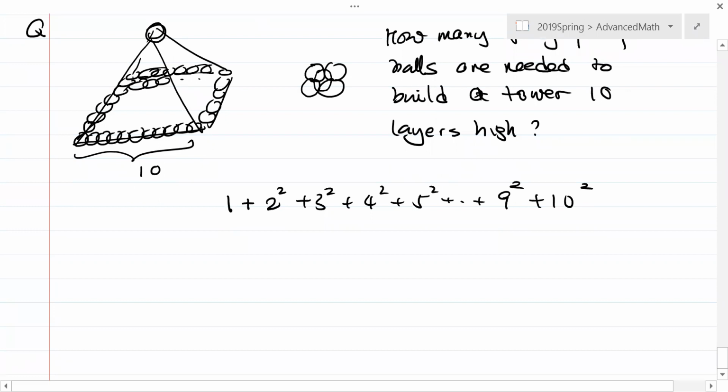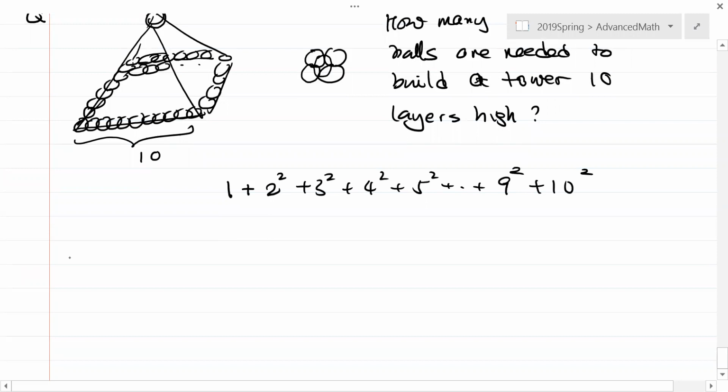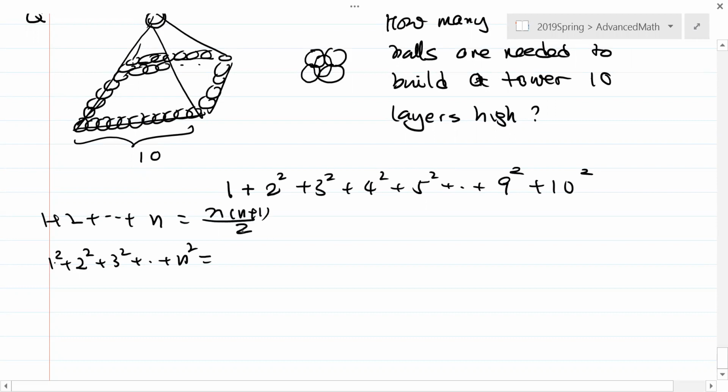If you remember this formula, then it's easy to solve, because 1 squared plus 2 squared plus 3 squared all the way to n squared is going to be, first of all, you have this formula. Everybody knows that. It's going to be n times n plus 1 divided by 2. But the second formula will be n times n plus 1 times 2n plus 1 divided by 6.